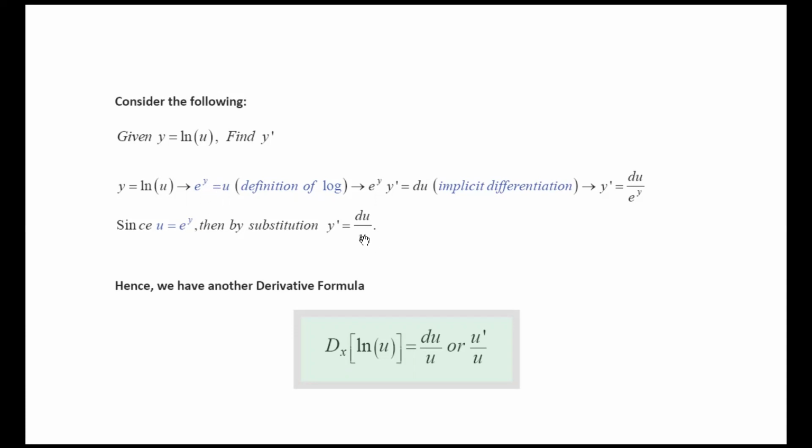And so y prime is du over u, or u prime over u, depending on how you prefer to look at it. So that is our formula for the derivative of the natural log of u. And we can put that in our toolbox.